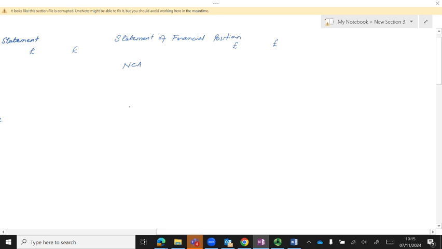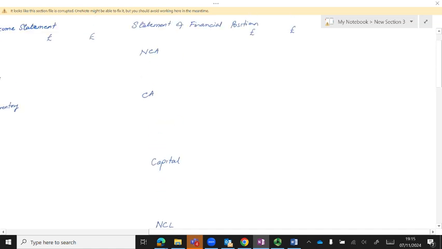Non-current assets, current assets, capital, non-current liabilities, and then the current liabilities. And the format is complete. Next, I'm going to draw the statement of changes in equity format.